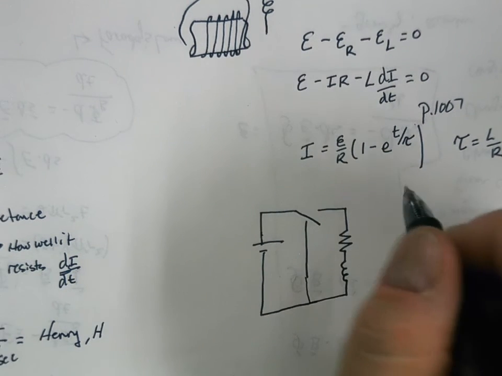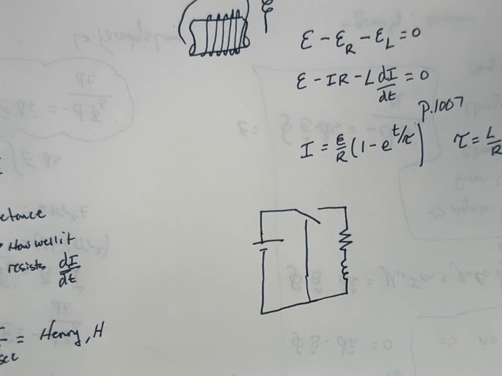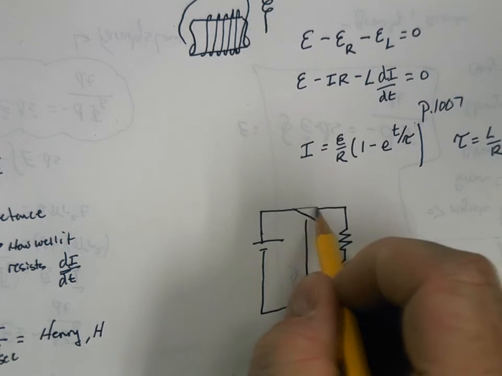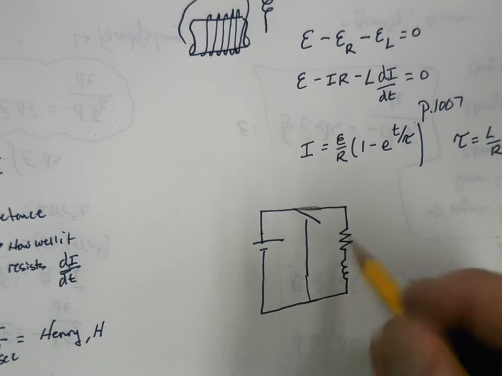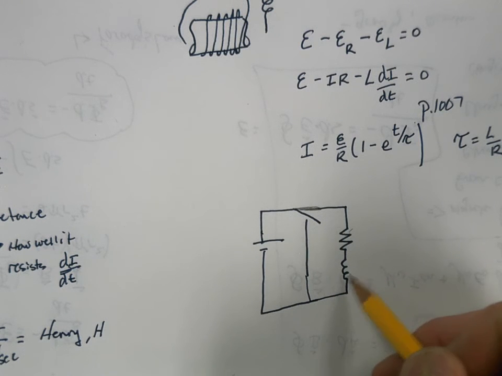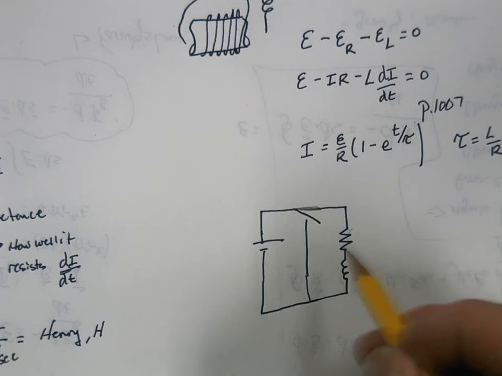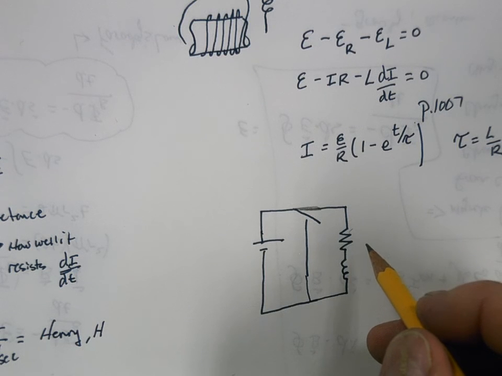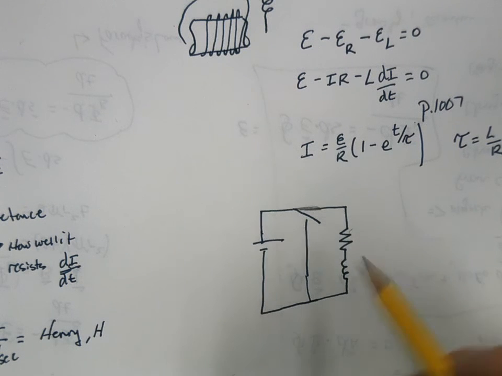So here's our switch. If our switch goes here, it comes in here, and this inductor begins to, I don't want to call it charge, but we start sending current through it, and we create this magnetic field, because our current is changing.